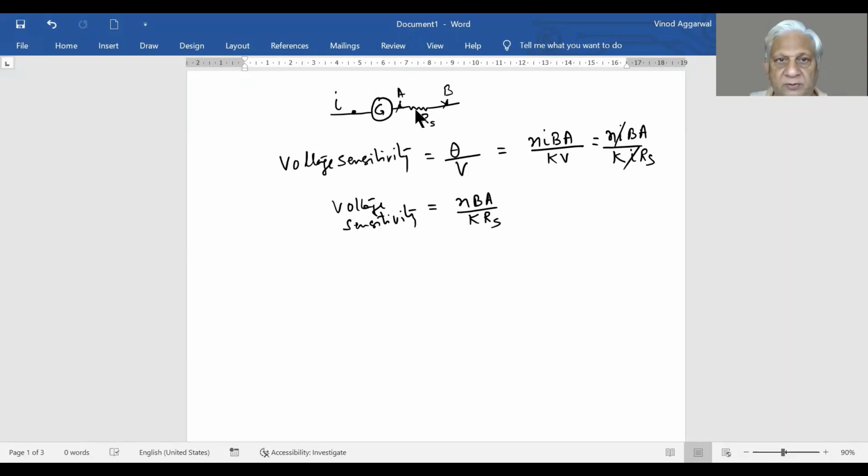This is the resistance which we put in series with the galvanometer to convert it into a voltmeter.